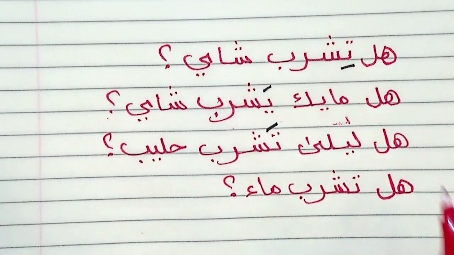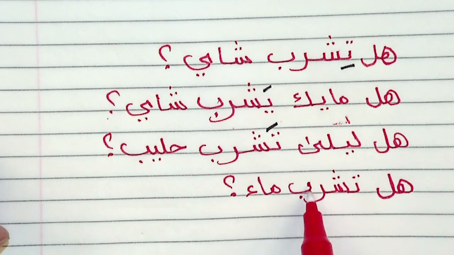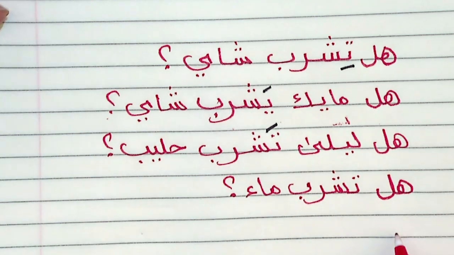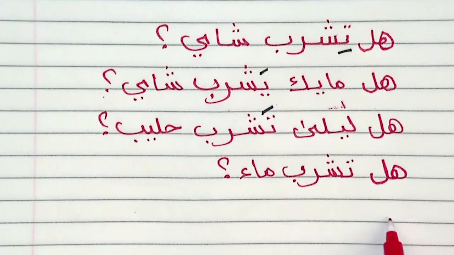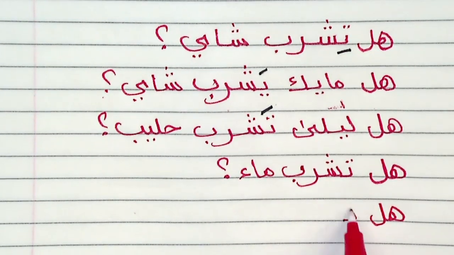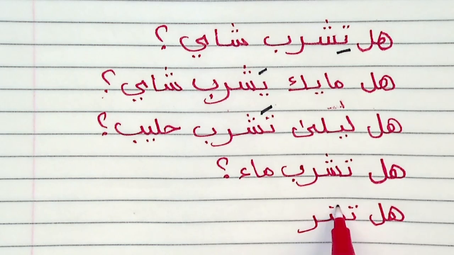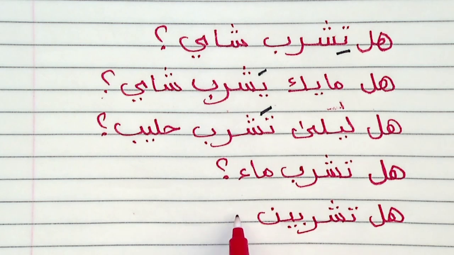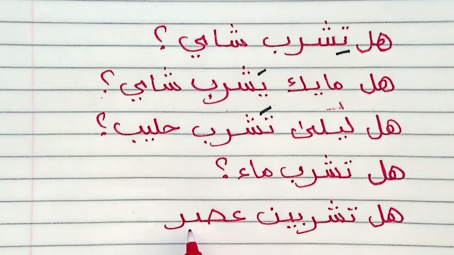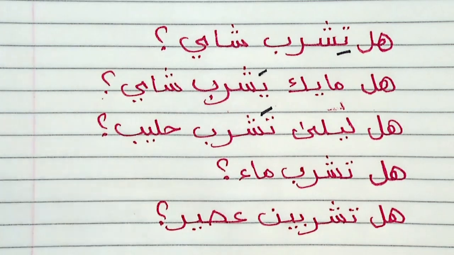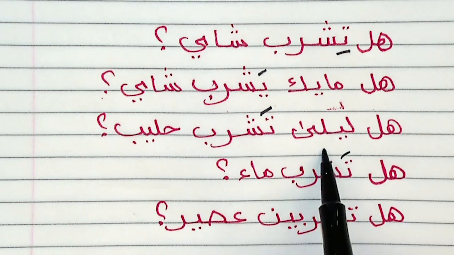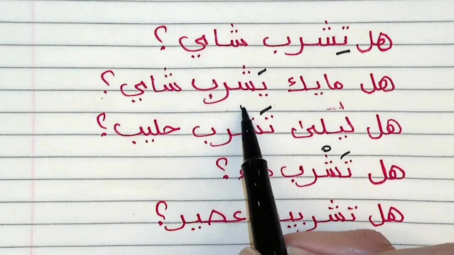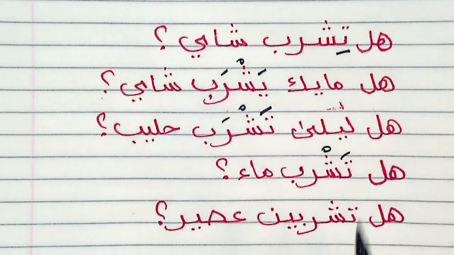And I can say تشربين for you feminine, and I'll write it right here. هل تشربين, for you feminine I mean. هل تشربين عصير؟ So تشرب, تشربين.